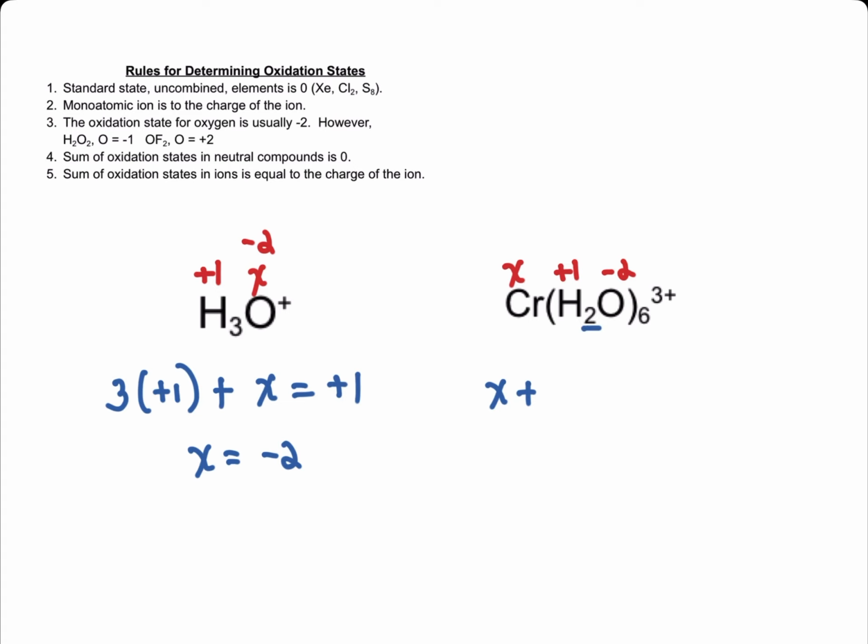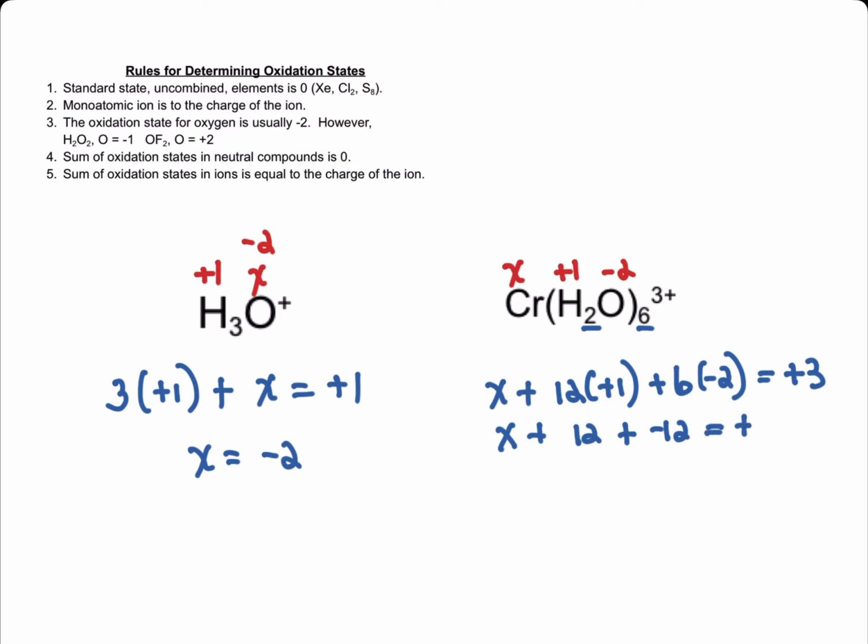There are 12 hydrogens. And there are 6 oxygens. And this entire compound has a charge of 3+, so an oxidation state of +3. X plus 12 plus -12 equals +3. So X has an oxidation state of +3. So chromium has an oxidation state of +3.